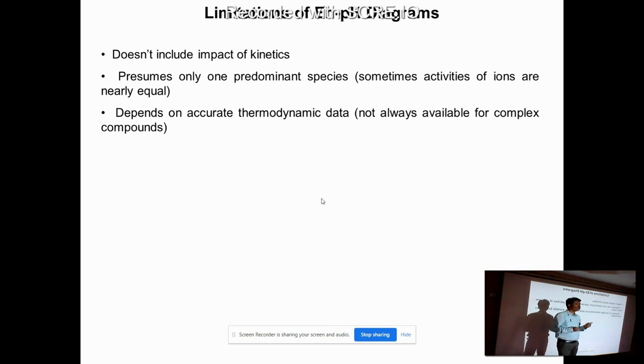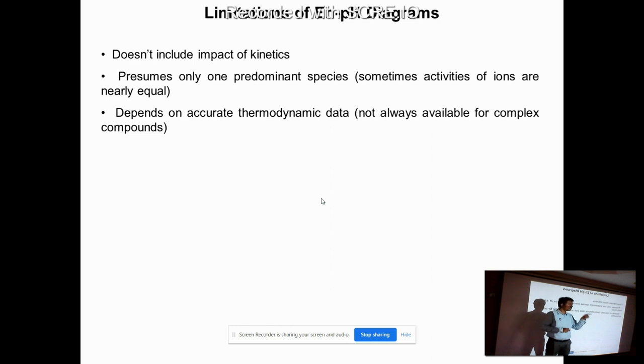What do you mean by that? Kinetics means the rate of reaction or the influence of temperature. Temperature will also increase the corrosion rates. We have seen increase of velocity, increase of concentration. All those parameters fall under kinetics, but these diagrams are not taking those into account.